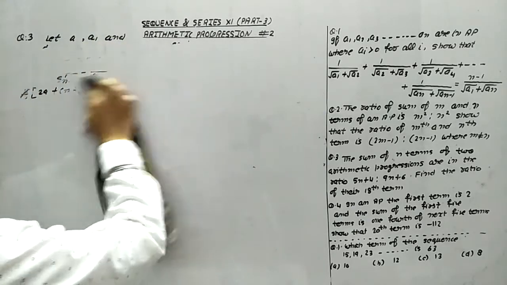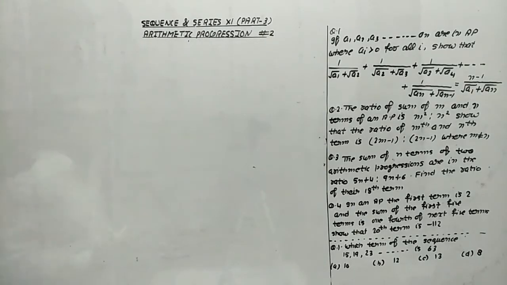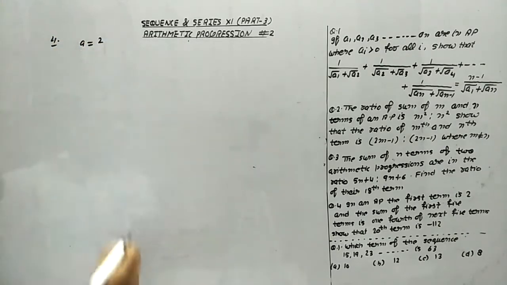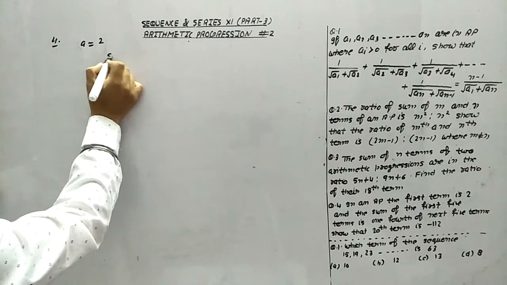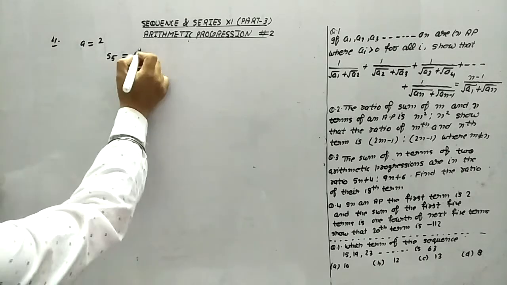Now look at this. If we see question number 4: in an AP, the first term is 2. So a is 2, and the sum of the first 5 terms is 1/4 of the sum of the next 5 terms. So the sum of the first 5 terms, S5, is equal to 1/4 of the next 5 terms.